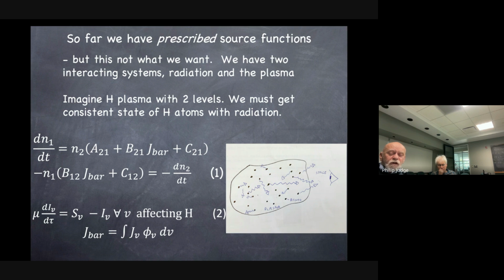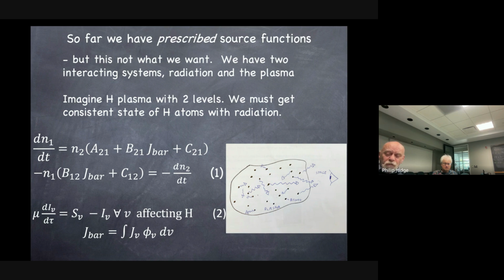So we've got something in that equation called a J bar, and we've got an N. So we've got two types of data in there. The C12 includes an electron density as well, because the electrons move fastest. They're the ones with the charge that influence the atoms the most. And so we've got the number densities of hydrogen, the number density of electrons. It also depends on the temperatures or the distribution function that's implicit in the C12 and the C21.